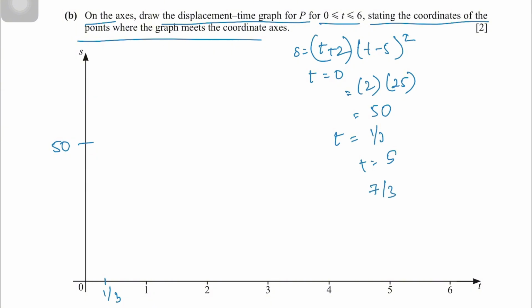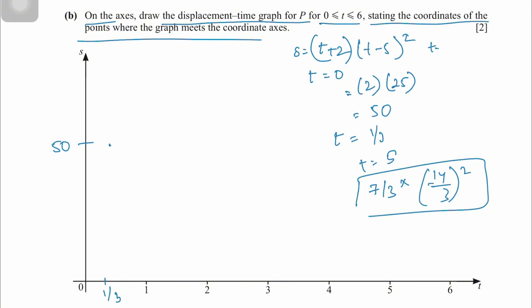And then 1 over 3 minus 5 would be minus 14 over 3, and this is whole squared. This is multiplied, so this would be a bit complex, but it has a value, right? So it has a positive value. So it will be somewhat around 50, but the gradient would be 0 over here. So let's just take this here.